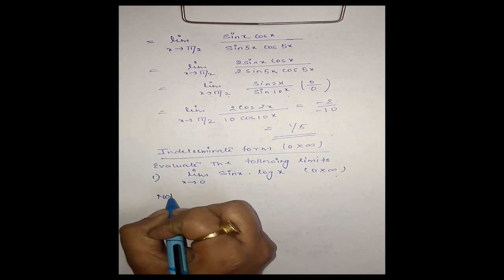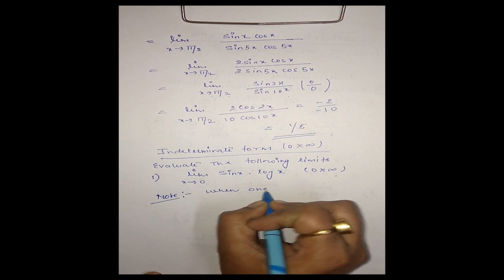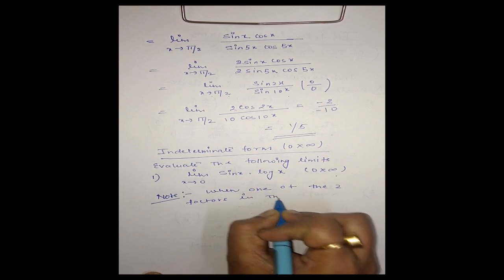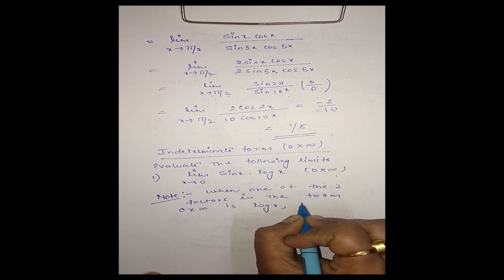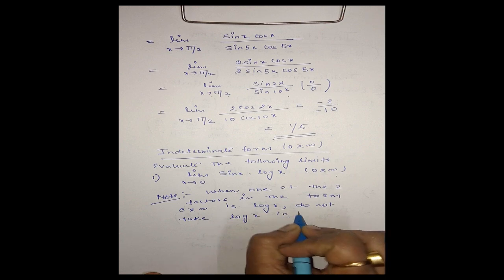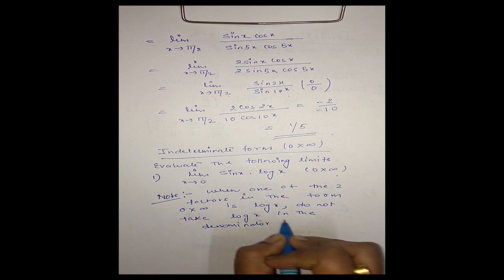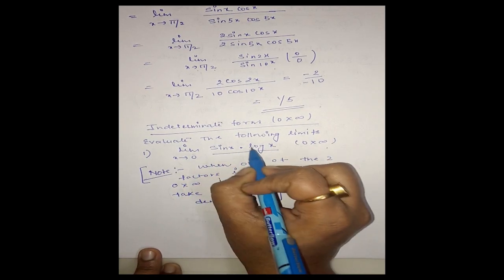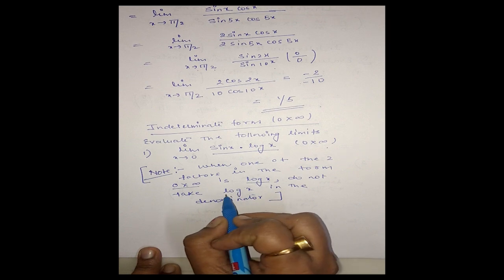Here we note that in this particular question having log, when one of the two factors in the form 0 cross infinity is log x, then do not take log x in the denominator.